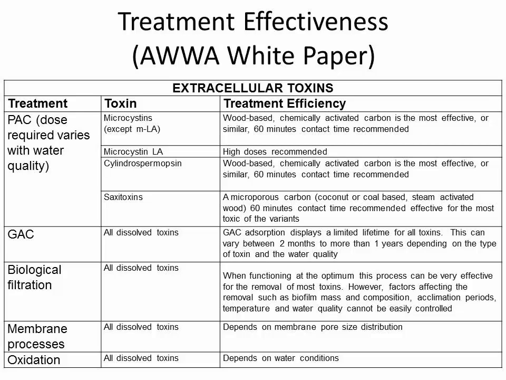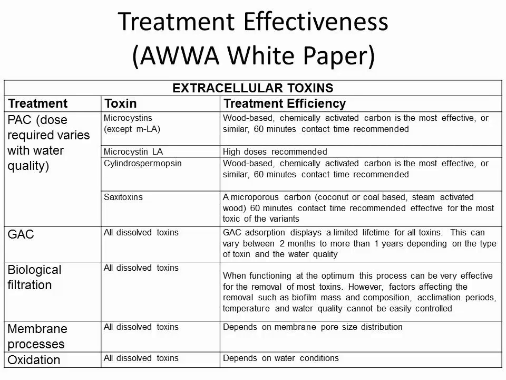I remember when they say wood-based, what they're referring to, a lot of activated PAC carbons use coconut shells, another big source of carbon used in water treatment plants. Those aren't as effective. Cylindrospermopsin and saxitoxins, again, PAC works, but for LA you have to have really high doses, maybe more impractical that you wouldn't typically use.